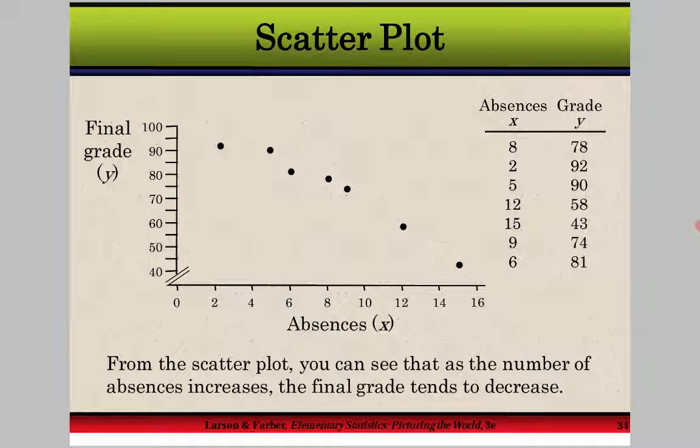The first dot represents the point x equals 8 and y equals 78. So here we observe that as the number of absences increases, the final grade tends to decrease.